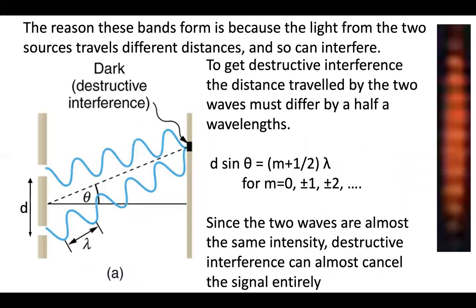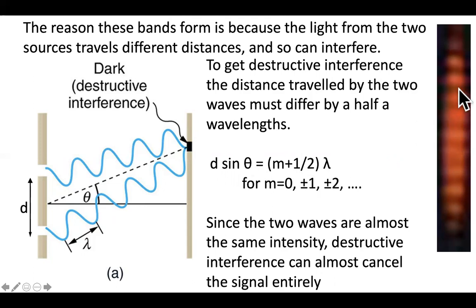The dark patches, by contrast, are places where this distance, d sine theta, again, as you make theta bigger, you go further up this or further down. And if you make theta negative, you go further down. Any place where d sine theta equals an integer plus a half times lambda, you get dark bands.